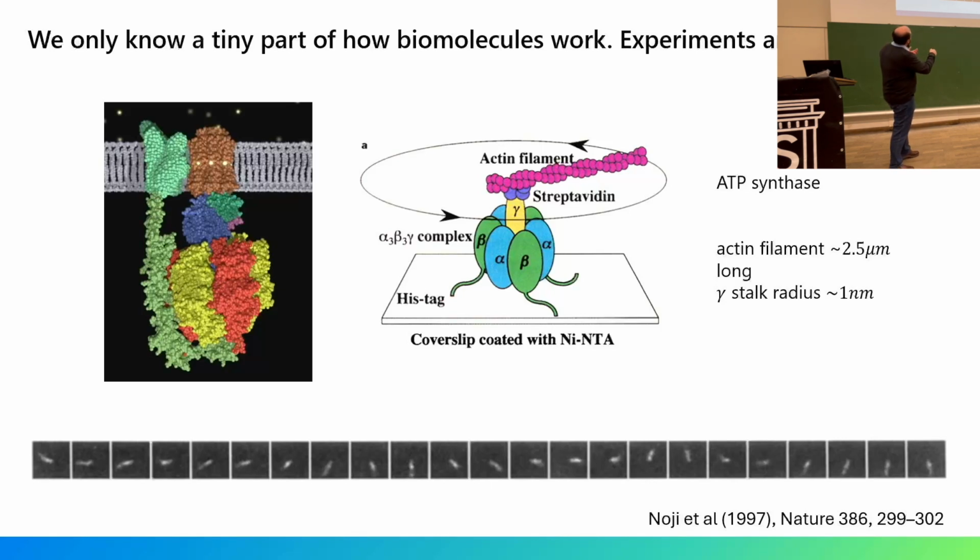And because of this, they could essentially monitor how this thing rotates. And you might imagine those experiments are not easy to set up. They are very specific to a system, they require hard work, so it's hard to really scale them up.